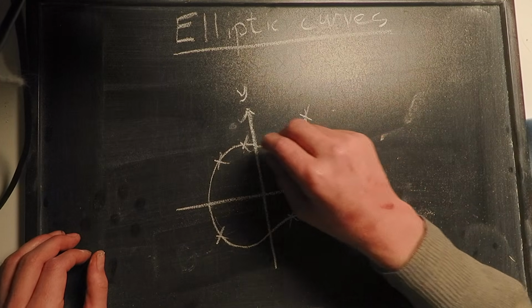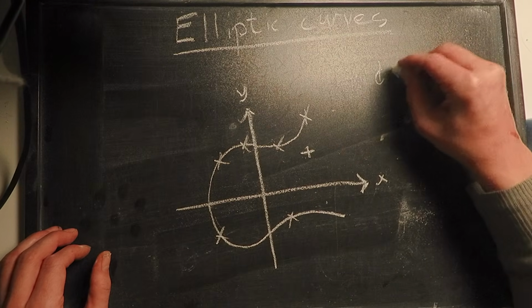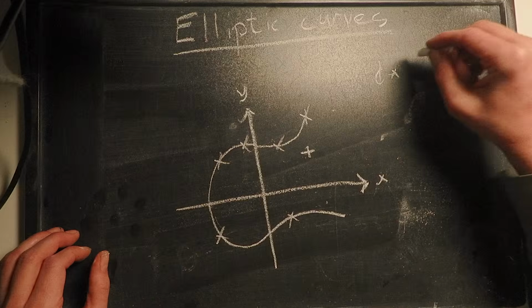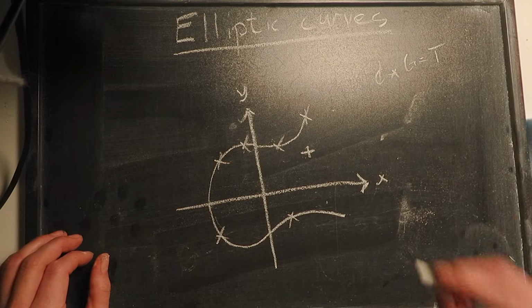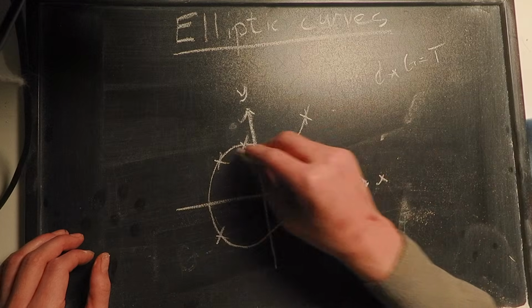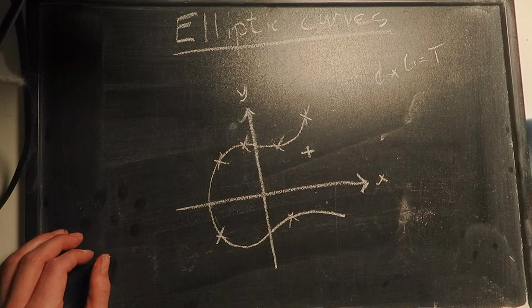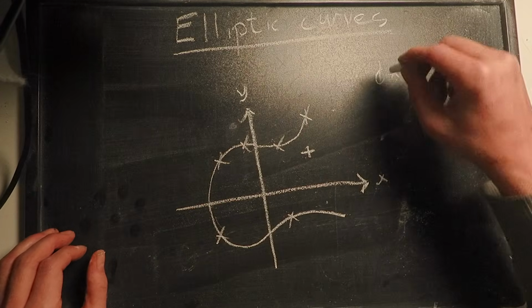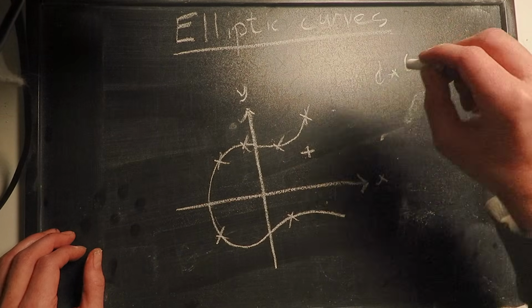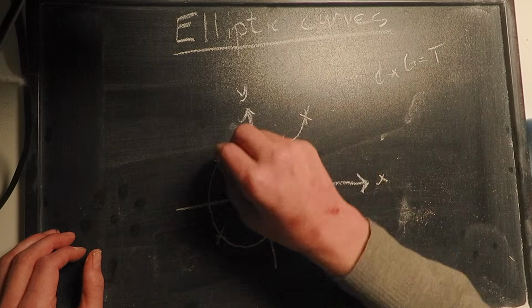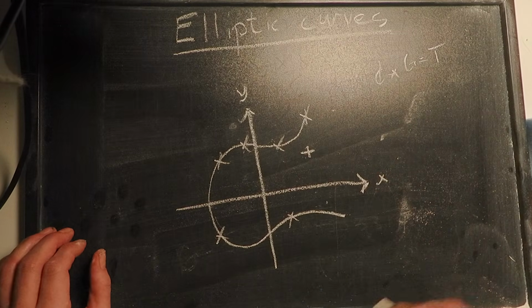So as you remember, the formula is d times G is equal to T. So one of these points is G and one of the points is T, and we know where it is. So what we need to do is take this first G value, which is somewhere here, and add it to itself.